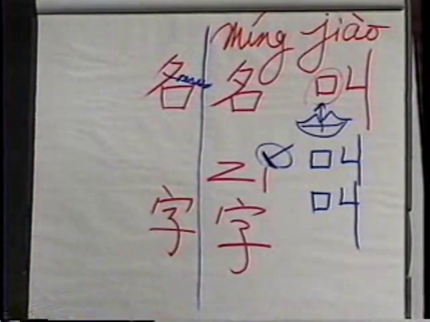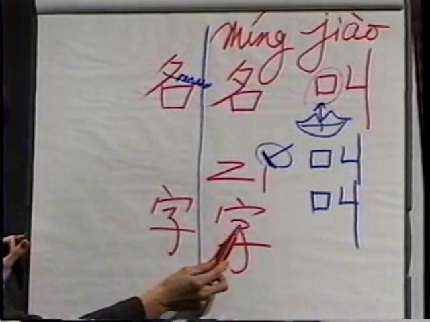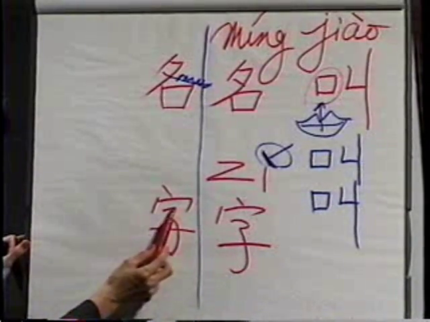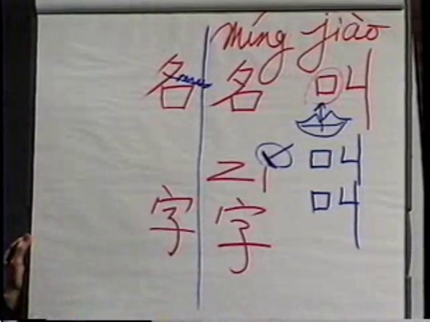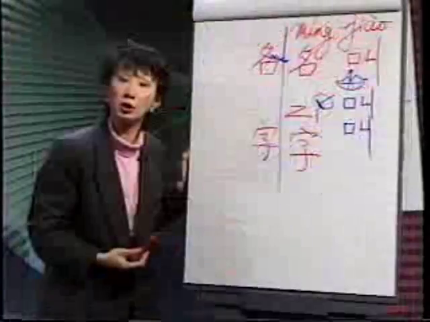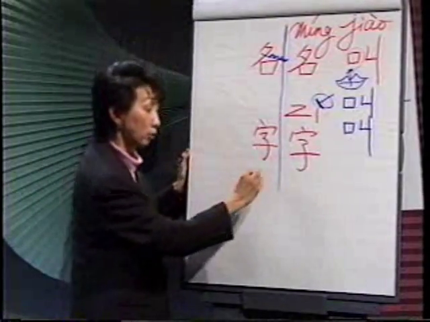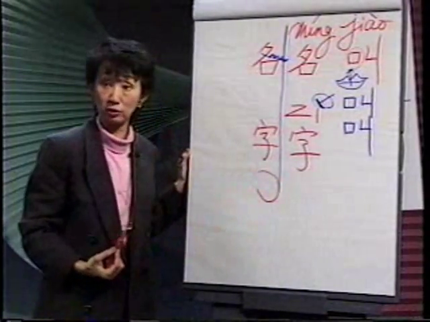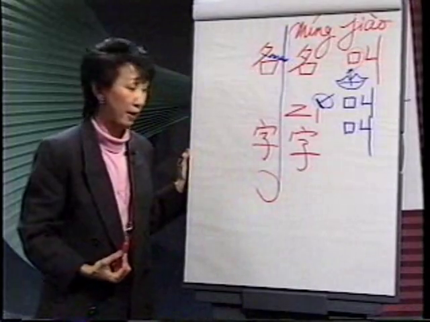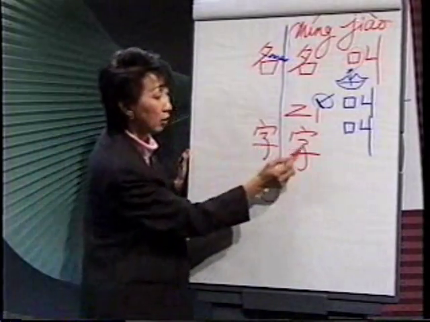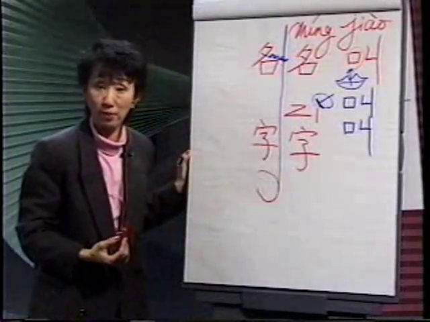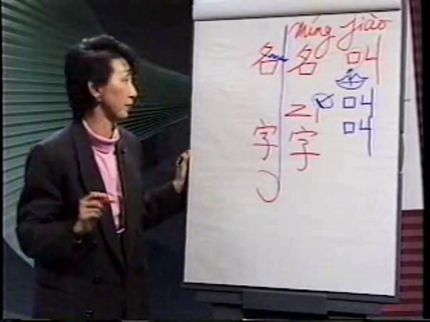People will say, hey, what's the difference? Here there is a curve, here it's straight, and here there is a hook. Which one is better? This is in the eye of the beholder. If you like rounded things, you write rounded. But don't make a big curve like this, or you turn it into something different. Otherwise, a little bit straight or a little bit curved really makes no big difference for handwriting.